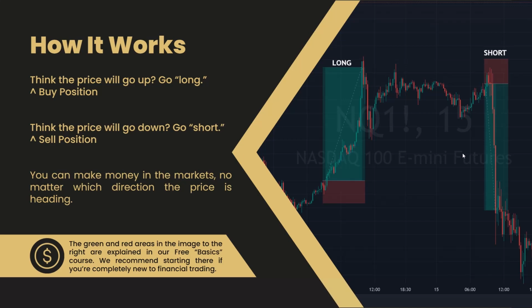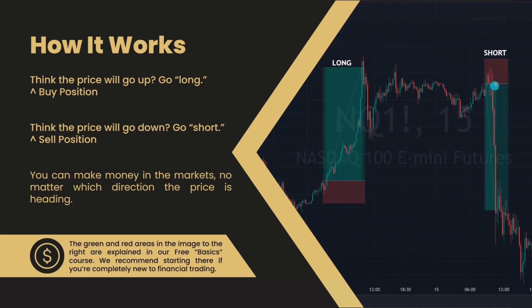This is a random screenshot I took of me trading the NASDAQ. If I had gotten in here, this is the entry, right where the green and red meet. My stop loss would have been at the bottom red, and then for the long buy, I'd be selling at the top of that.